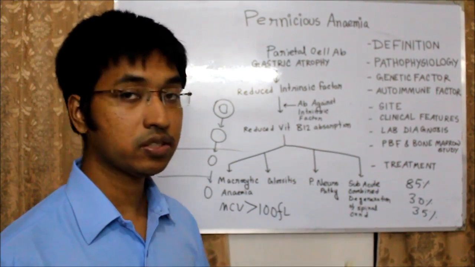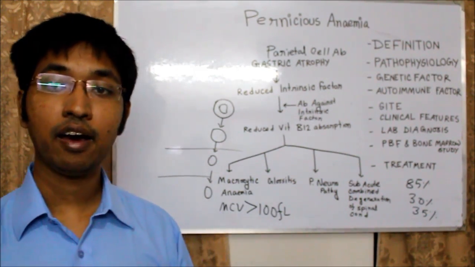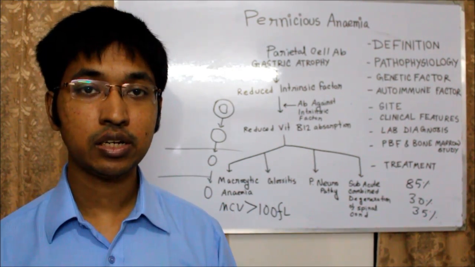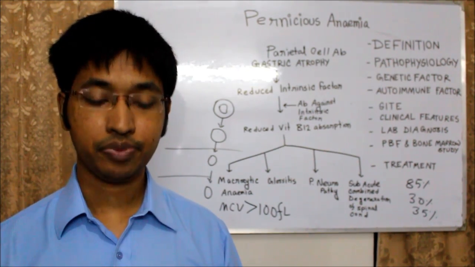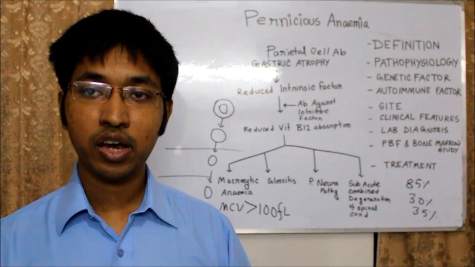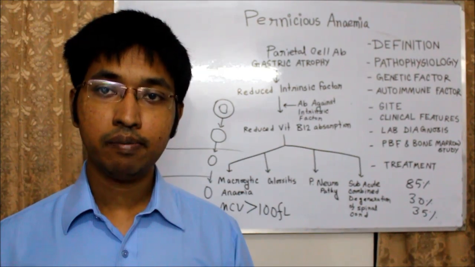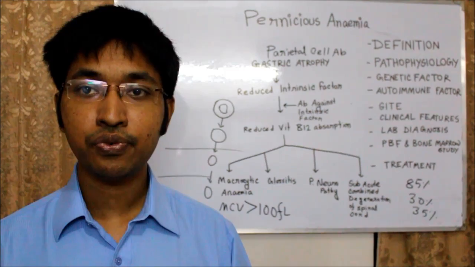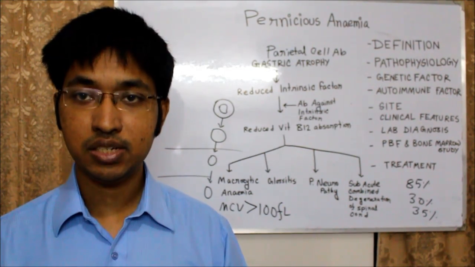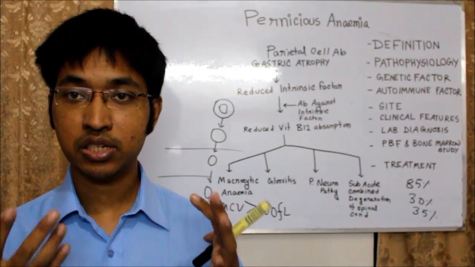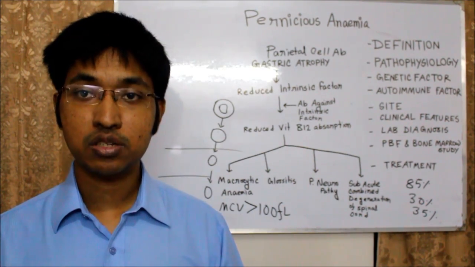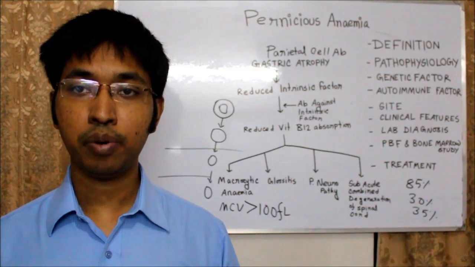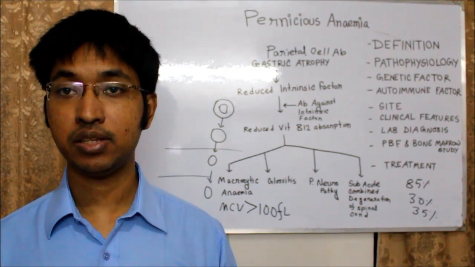Now these two things are important. Why will we have neurological problem and subacute combined degeneration in pernicious anemia? To understand that, we have to go to biochemistry. Remember, vitamin B12 is a very important vitamin, not only for producing pyrimidine or not only for producing DNA, but also it is important for adding a methyl group to the compound homocysteine and forming methionine.